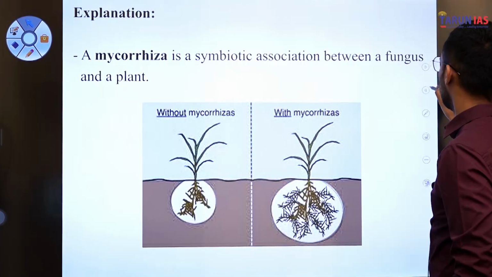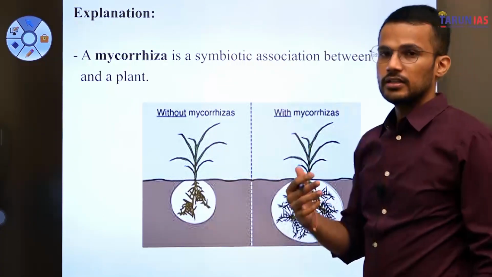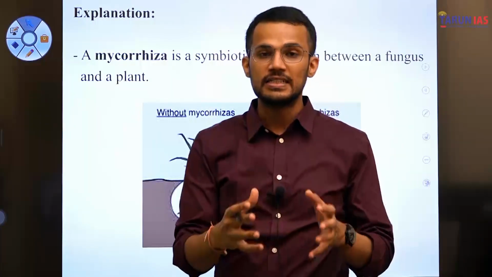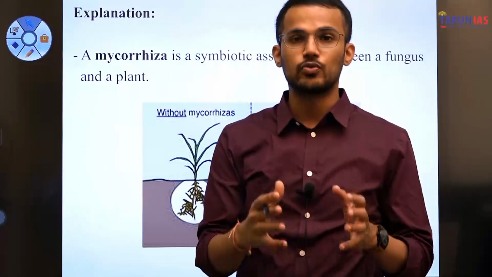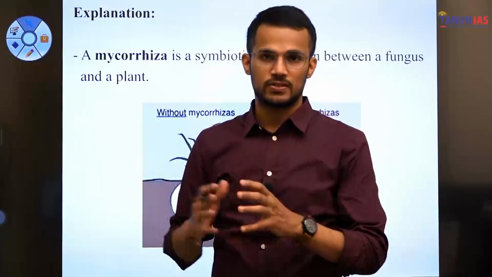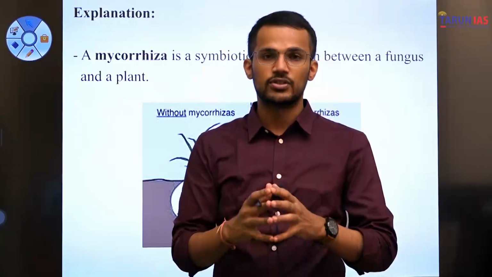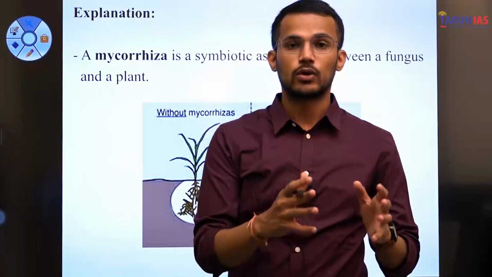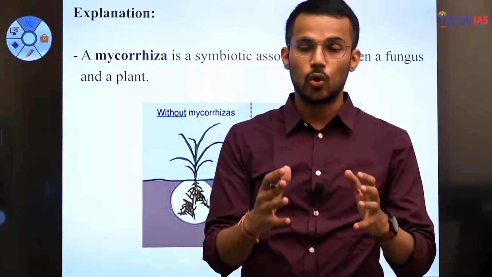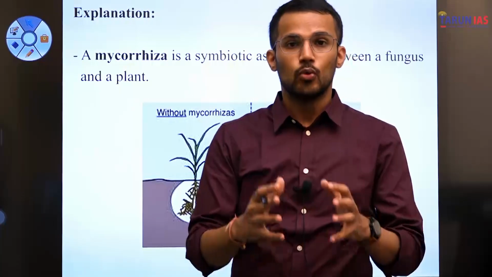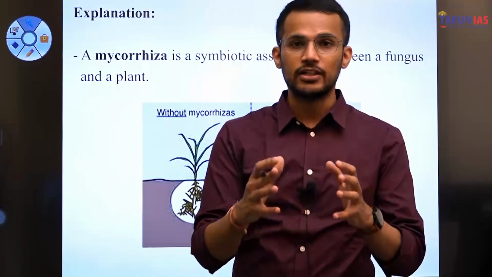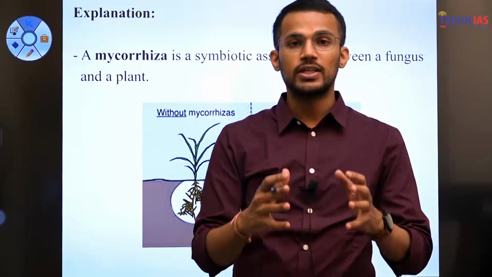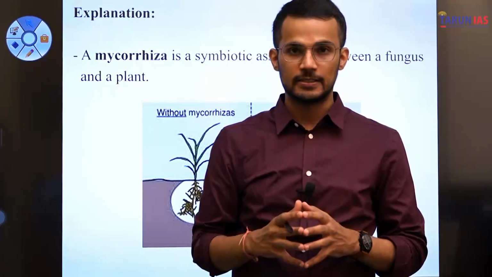And the third statement is about the improvement in disease infestation. That means plants will be able to resist diseases as a result of mycorrhizal biotechnology. And that is also true because with access to water and nutrients, the productivity of plants will increase.